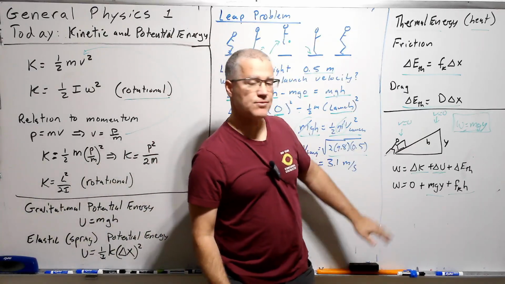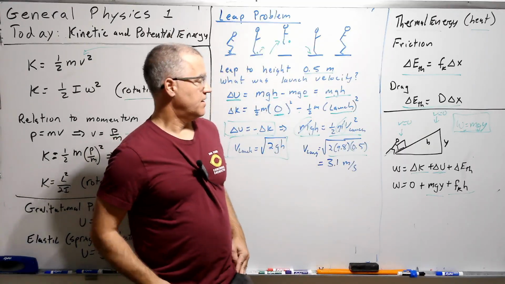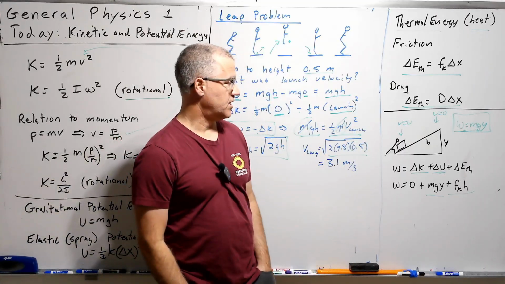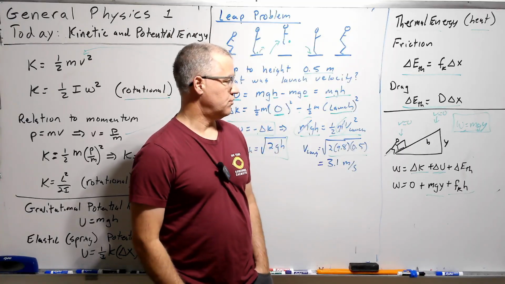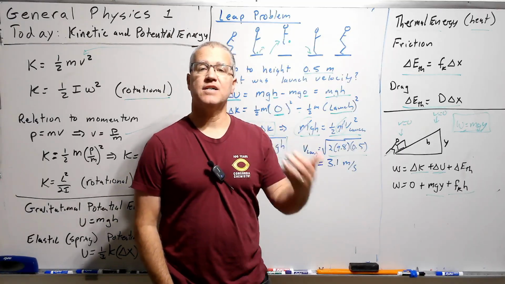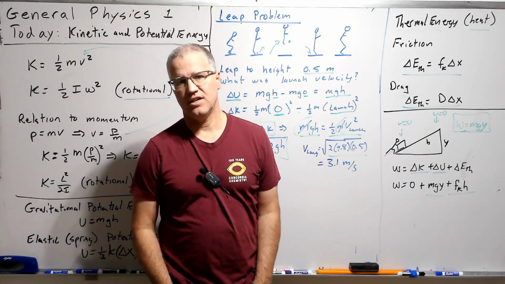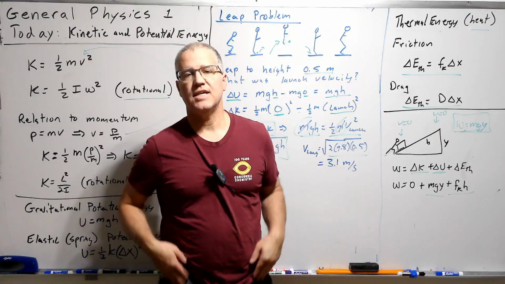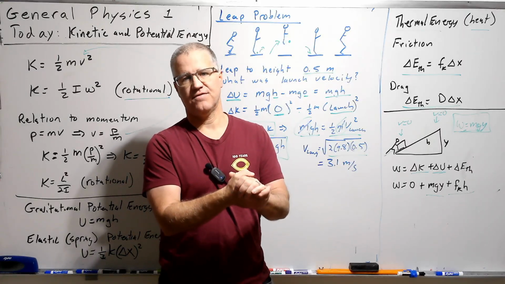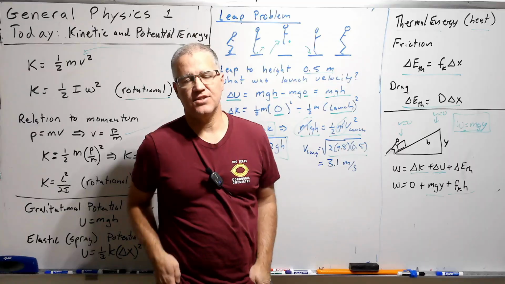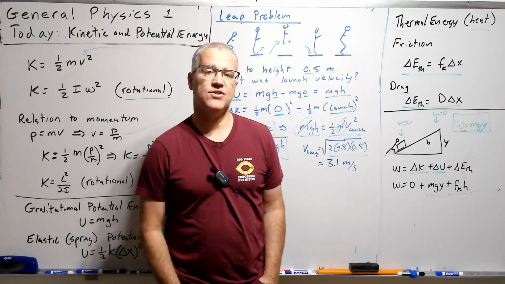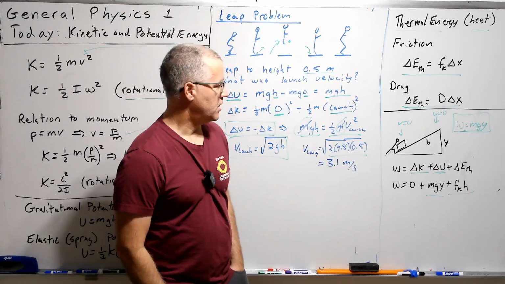But in systems where there is interaction with the environment, for example, friction and drag systems, then the work will not be equal to the change in potential energy because we get some loss due to the heating of the surface in the case of friction, or heating of the air in the case of drag, and that consumes some of the energy needed to perform the work.